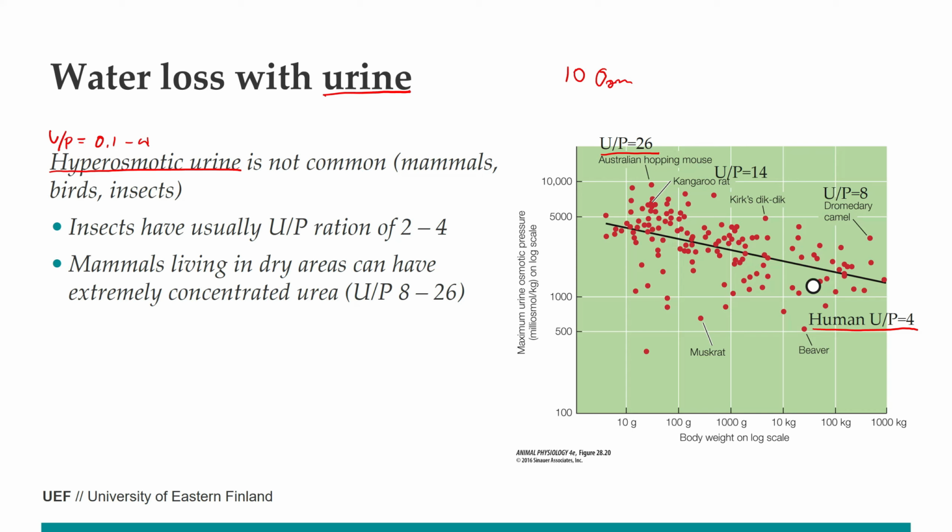And if the osmotic pressure is 10 osmoles, that means we could have sodium and chloride, 5 plus 5 moles per liter. And that would then mean that we have 5 moles per liter sodium chloride.